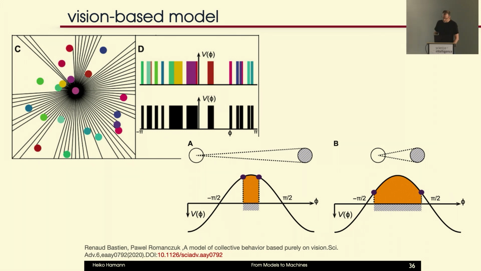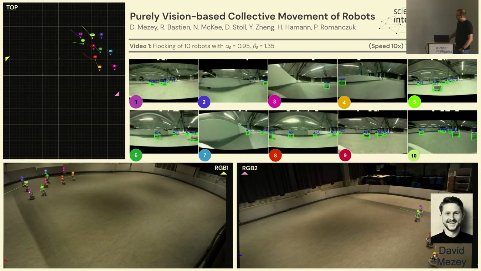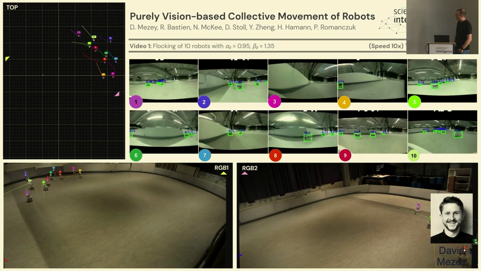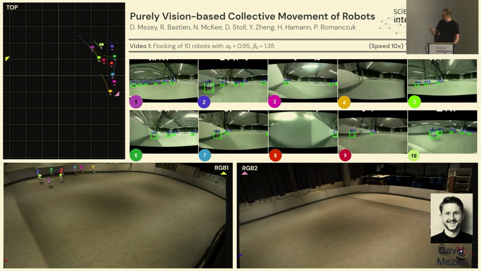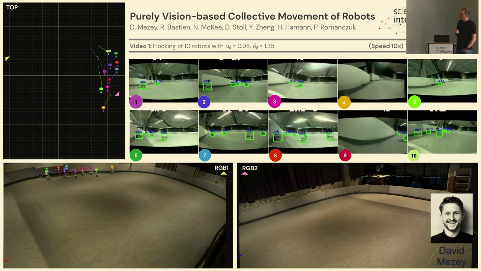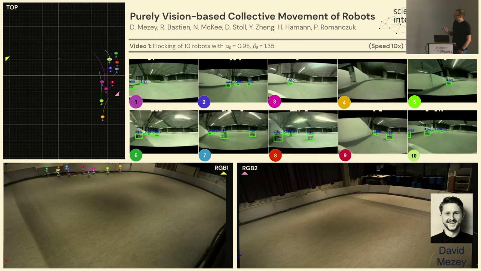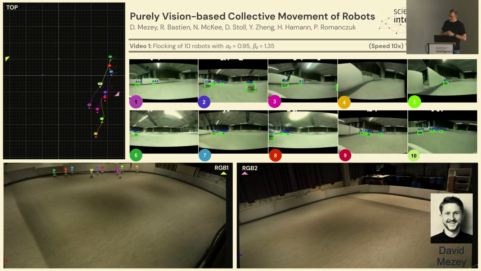And this is what David and his team implemented, and you get this really smooth robot flocking behavior with vision. That's already a lot of computation on board, so great that we can actually do that. And these robots would align and move together.